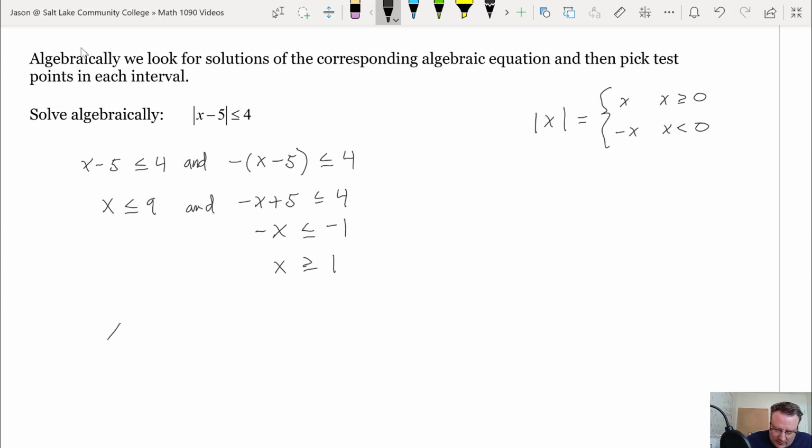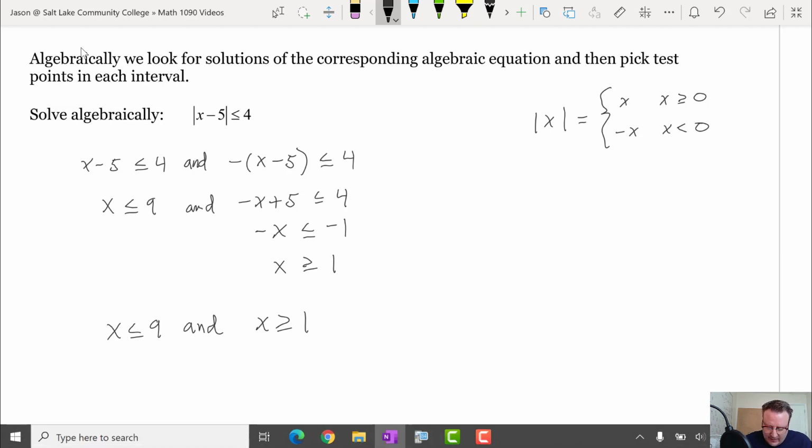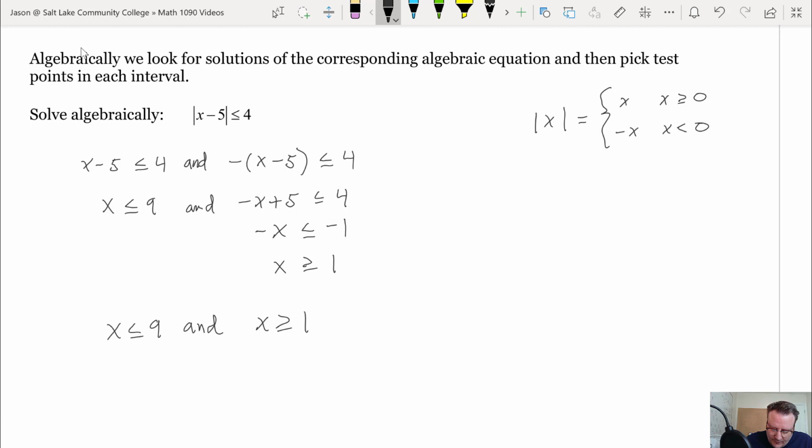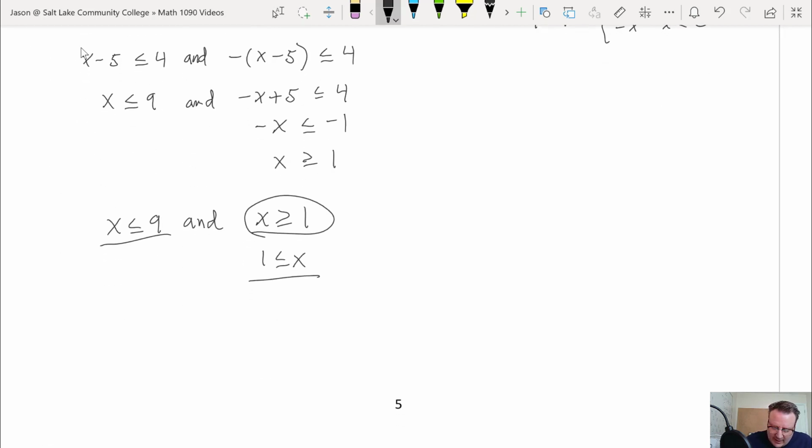So my solution here is x is less than or equal to 9, and x is greater than or equal to 1, which we would normally rewrite like this. I notice I could rewrite this inequality as 1 is less than or equal to x, and then I could combine these two inequalities together by simply saying this: 1 is less than or equal to x, but also x is less than or equal to 9.